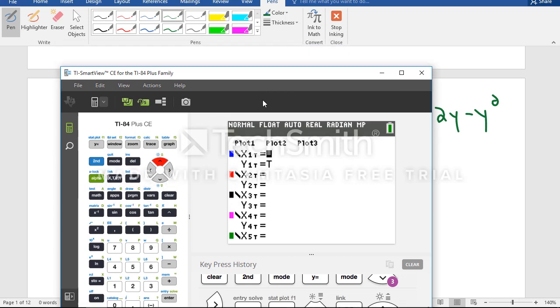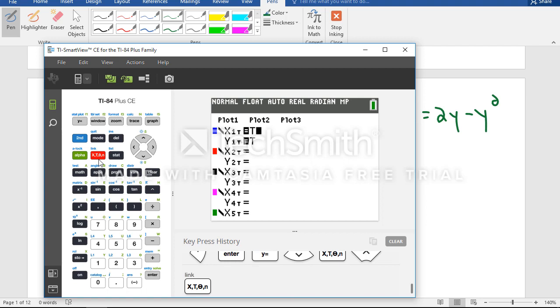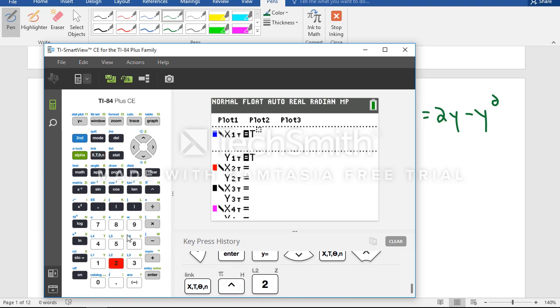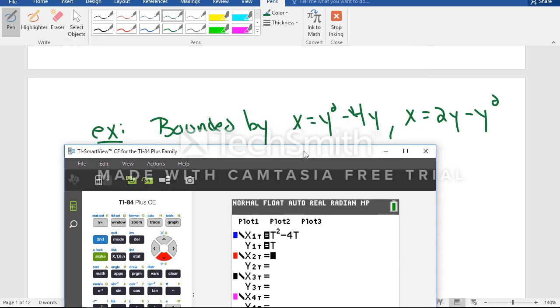And then my first equation, what was my first equation? y squared minus 4y. So I'm going to do t squared minus 4t. So if you think about this, if I did a substitution, if you will, if y equals t, when I sub t for y, I get y squared minus 4y, and that's the equation we have there.